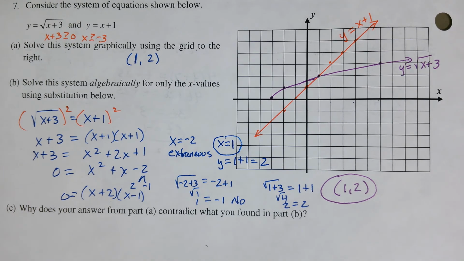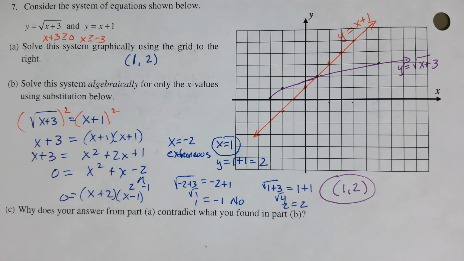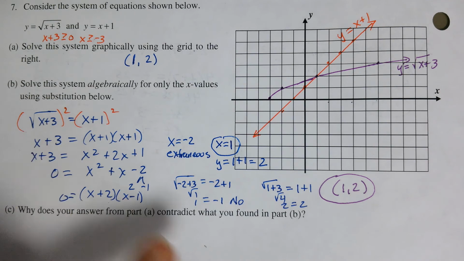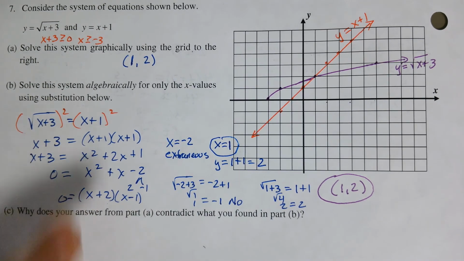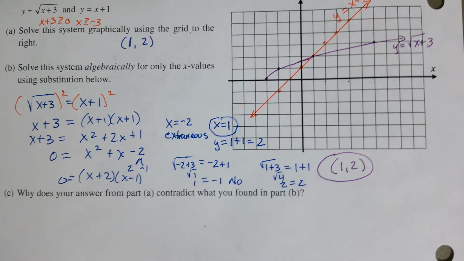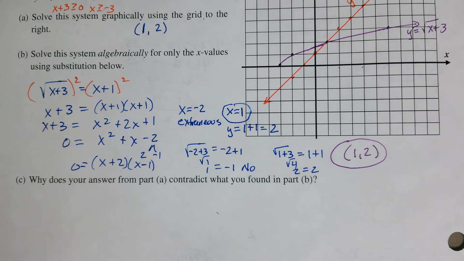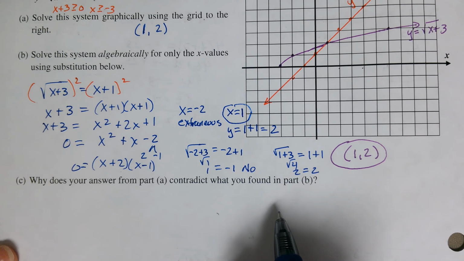Why does our answer from part A contradict what we found in part B? Oh, because solving it algebraically, squaring both sides introduced an extraneous solution.